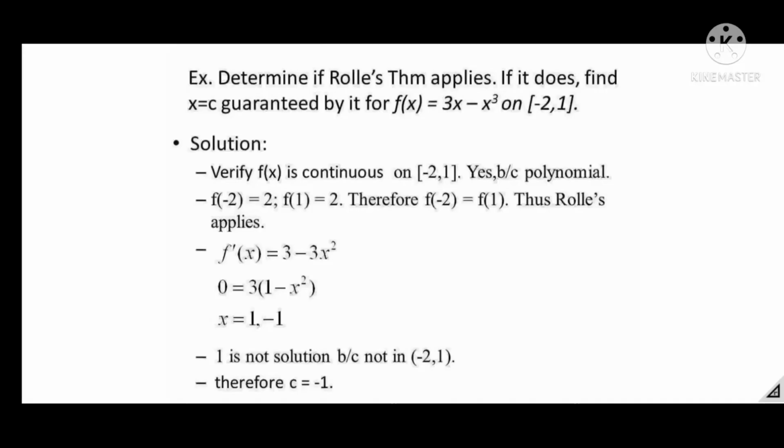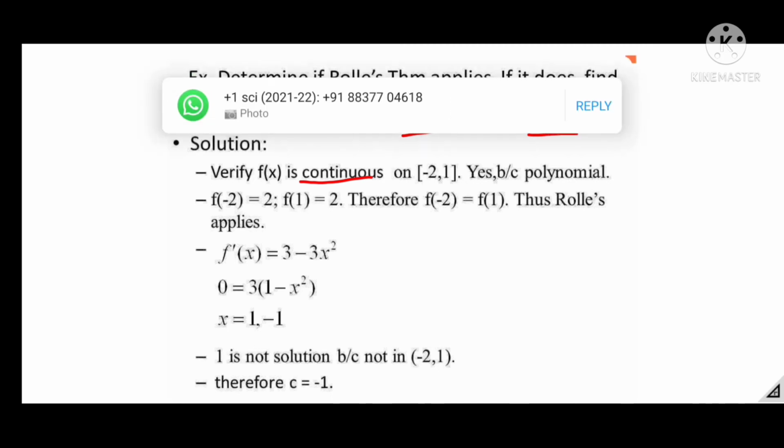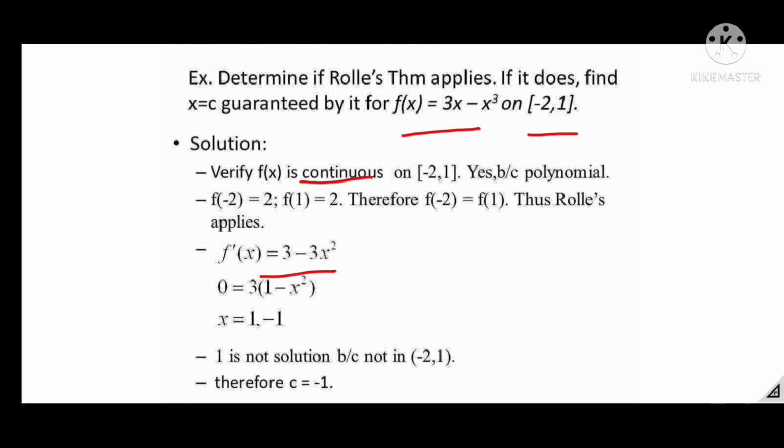Hence verified. The next question: determine if Rolle's theorem applies for the function 3x minus x cube on interval [-2, 1]. Now because f(x) is a polynomial, it is continuous. Now the differentiation of f(x) is equal to 3 minus 3x square, so it is differentiable.